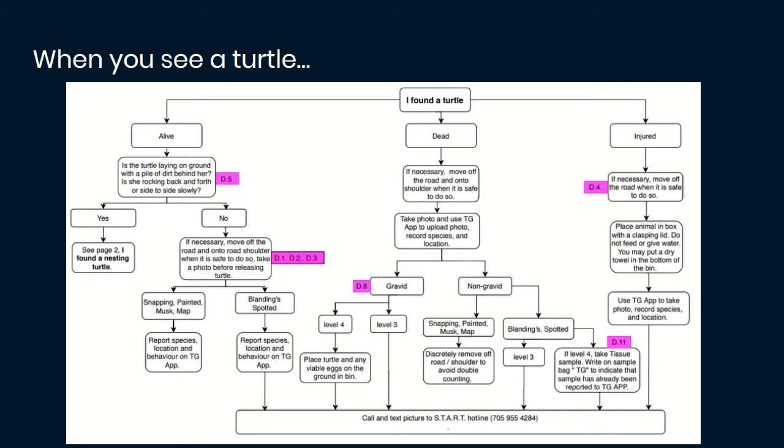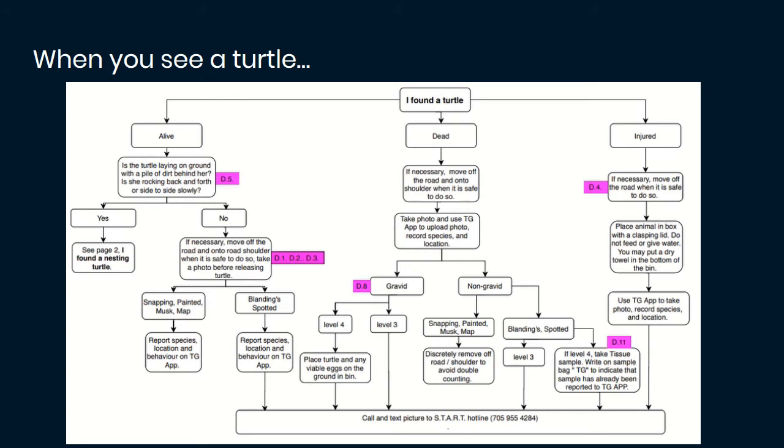If you have received the specialized training from Scales, you can carry on with your procedure of feeling to see if you feel any eggs in her tummy. So if she does have eggs, you are going to be calling start, texting a picture to the hotline and awaiting further instruction. If you have specialized training, you would be putting her into a bin.